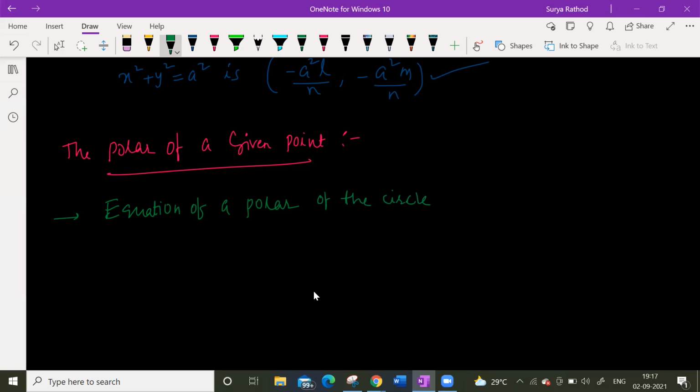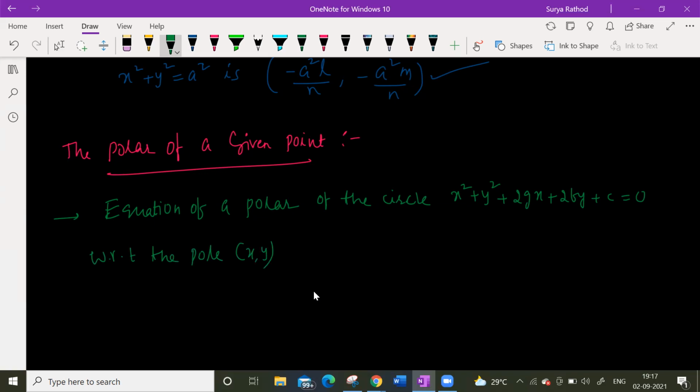The equation of a polar of the circle x square plus y square plus 2gx plus 2fy plus c is equal to 0 with respect to the pole x comma y.